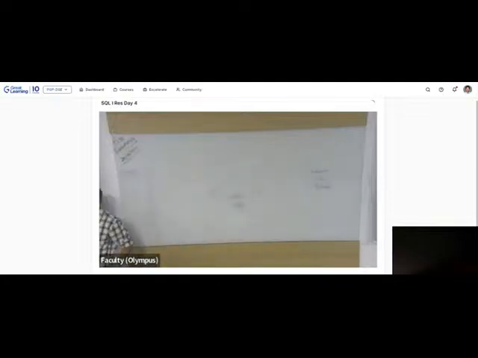Now I have to join these two tables. What is the relationship between them? There is one arrow mark here, right? So there is a primary key, foreign key relationship.